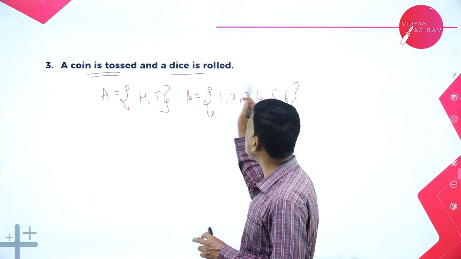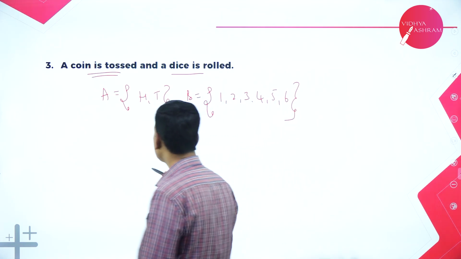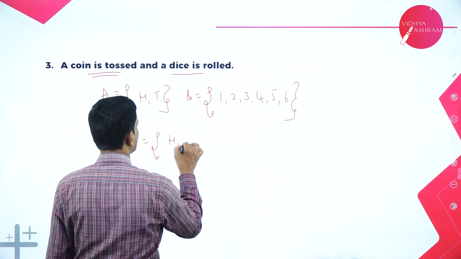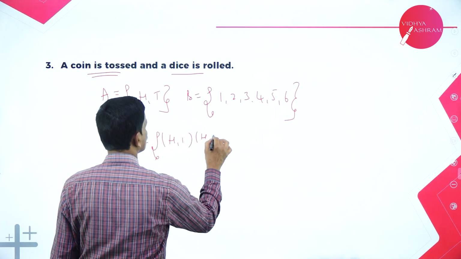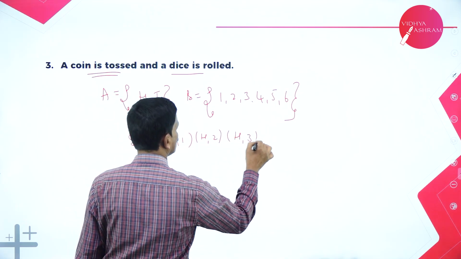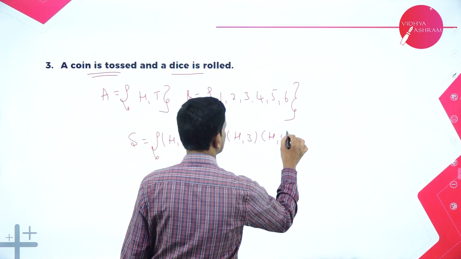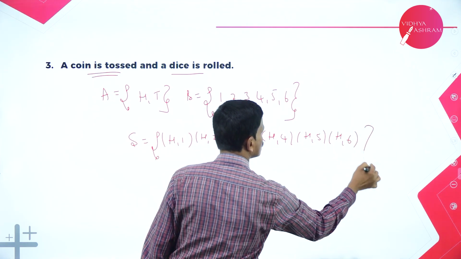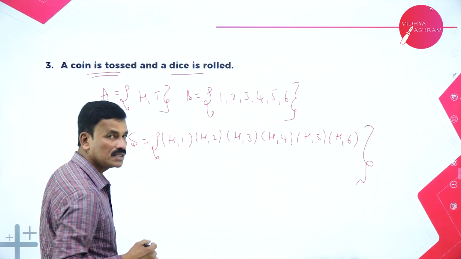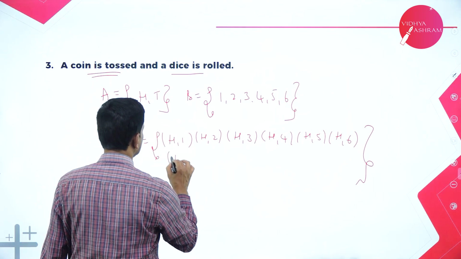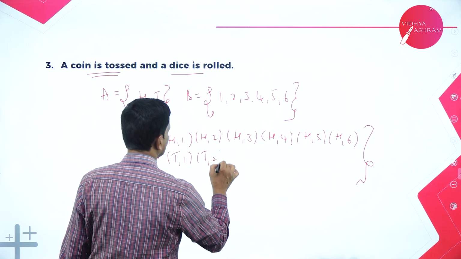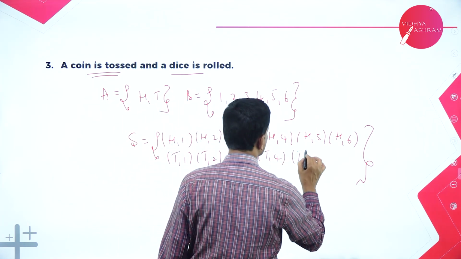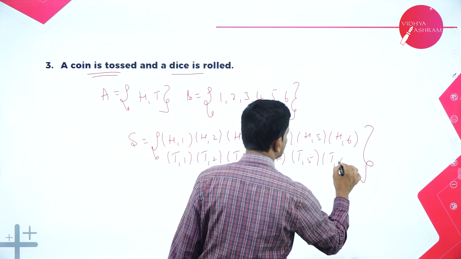A coin is tossed and a die is rolled. So, the sample space is S is equal to H1, H2, H3, H4, H5 and H6. Similarly, if T is taken, that is tail, T1, T2, T3, T4, T5 and T6.